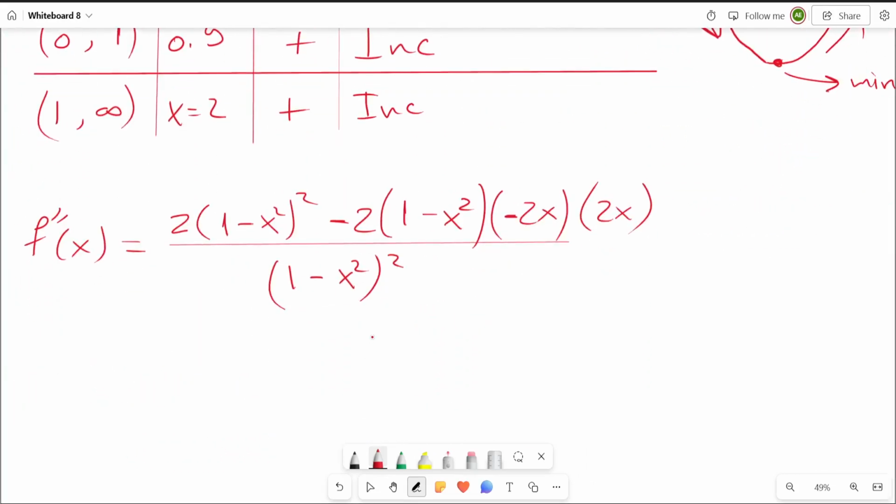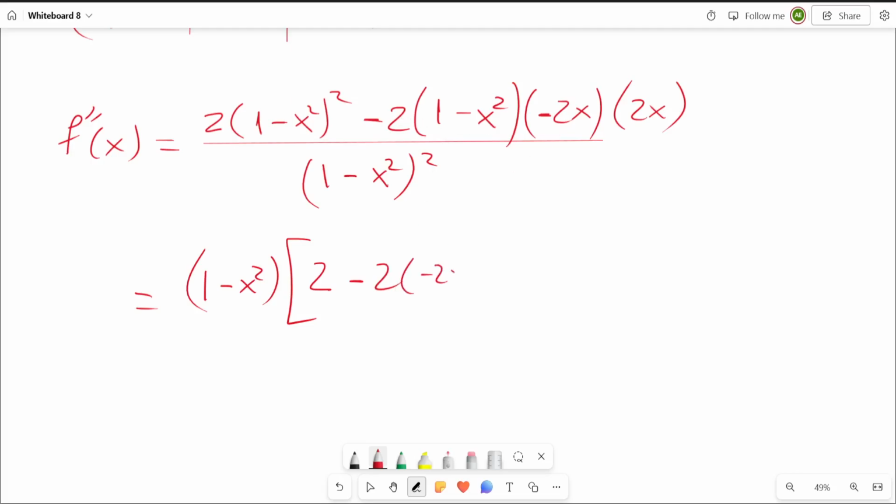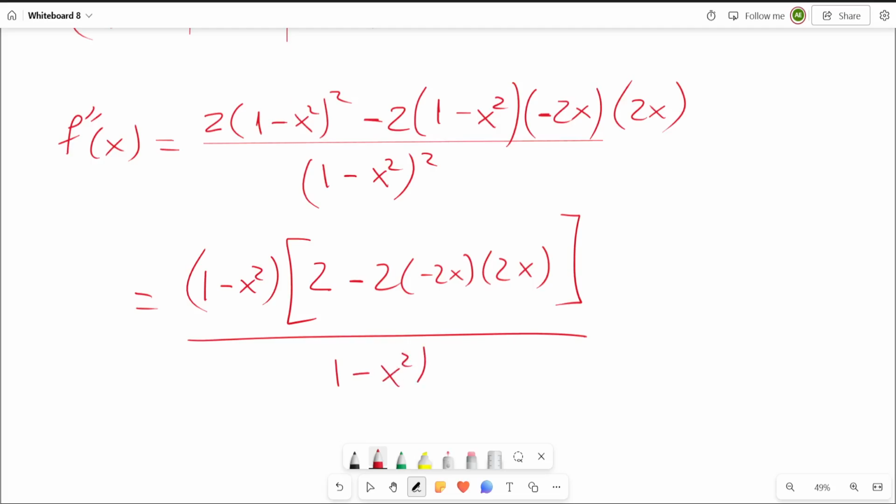So over here, I can take 1 minus x squared as common from these two terms. If I take 1 minus x squared out, I'm going to be left with a 2 from this term, and then minus 2 times minus 2x times 2x from this term, and then everything over 1 minus x squared power 2.